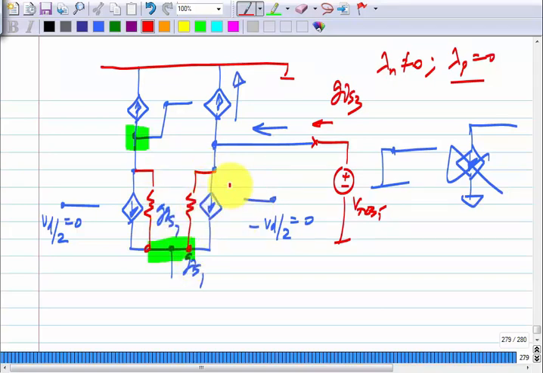So, we will have GDS1 and GDS1 across them. Okay. So, now what will be the output conductance? What will the output conductance be?